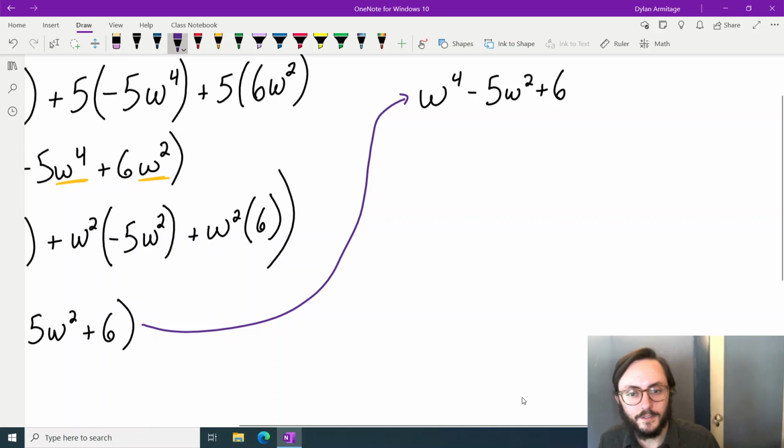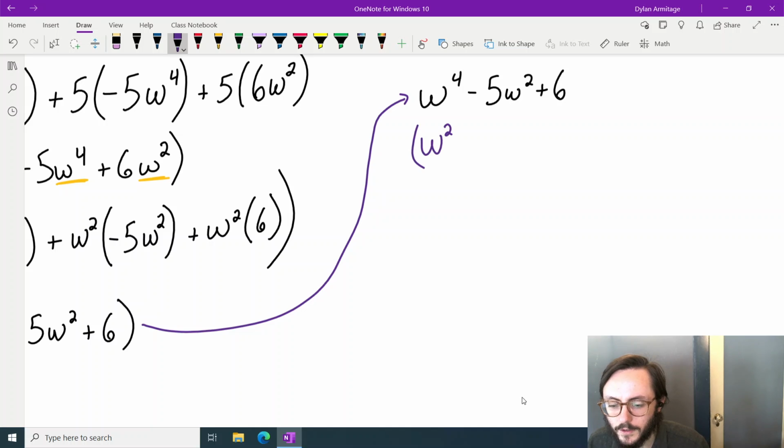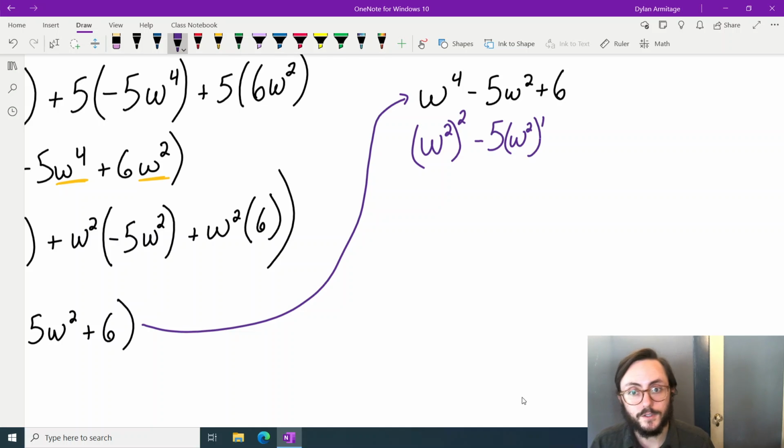What if I did this? w squared squared, that would give us w to the 4th, minus 5 times w squared to the 1st, that would give us w squared, just as before, plus 6.